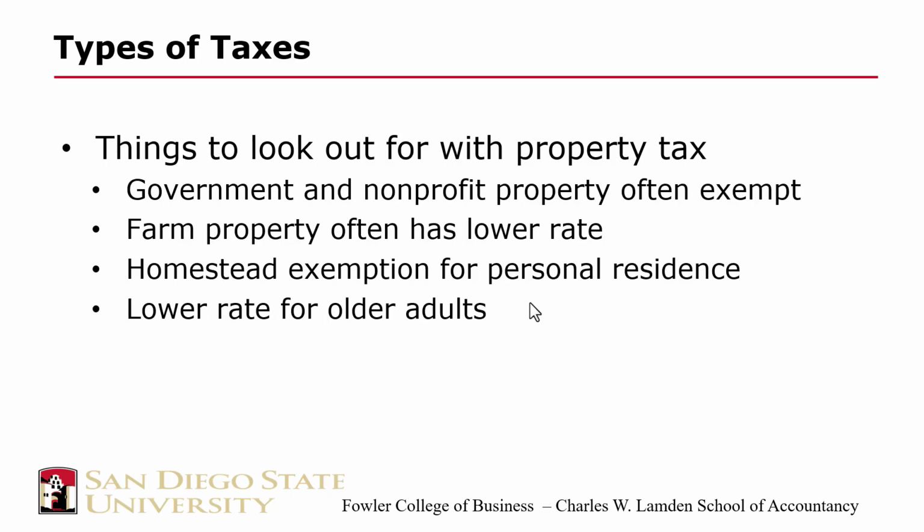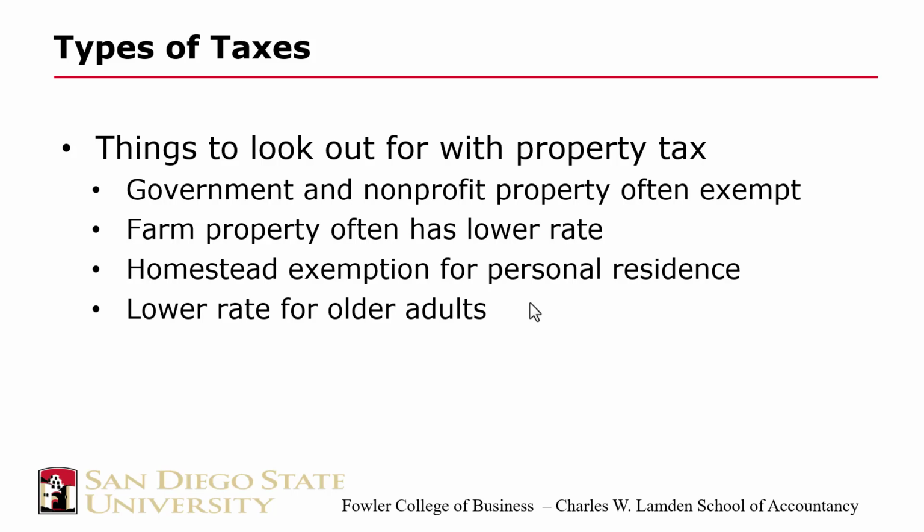Before we get there, things to look out for with property tax. Often government-owned property and nonprofit property, think of churches, are exempt from property tax. Property that's being used as a farm often has a lower rate. Most states give what's called a homestead exemption.